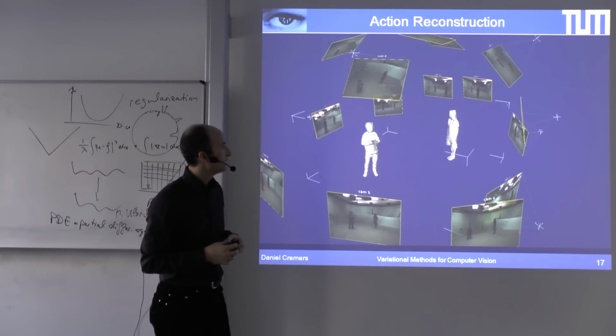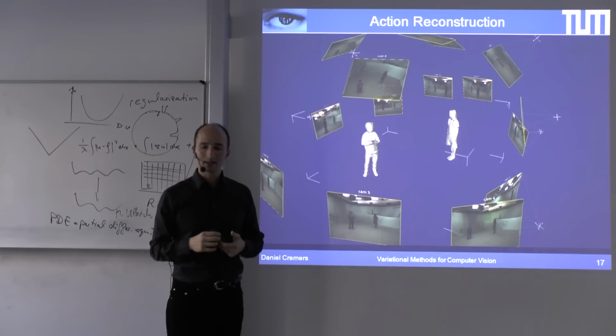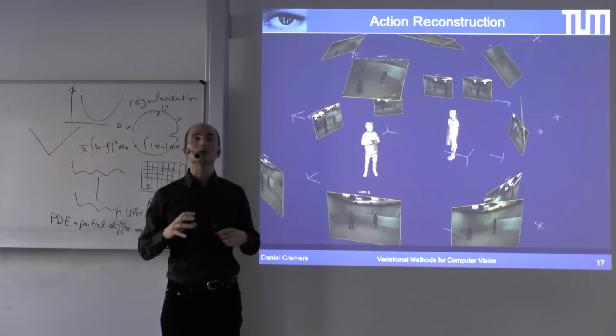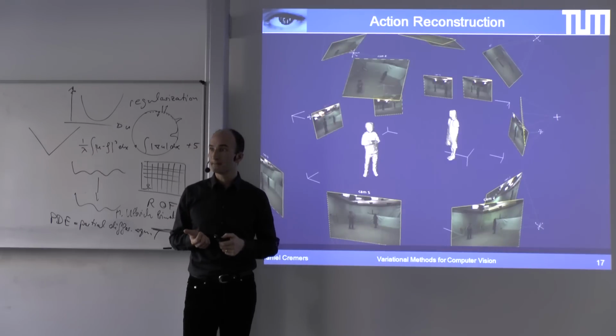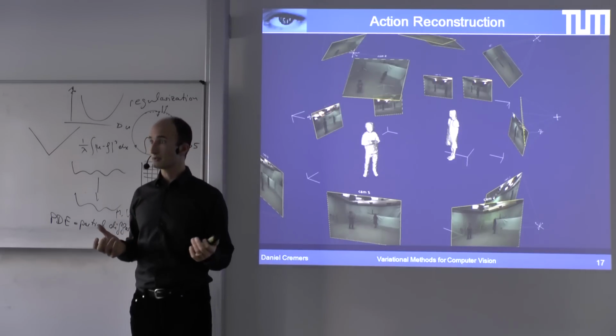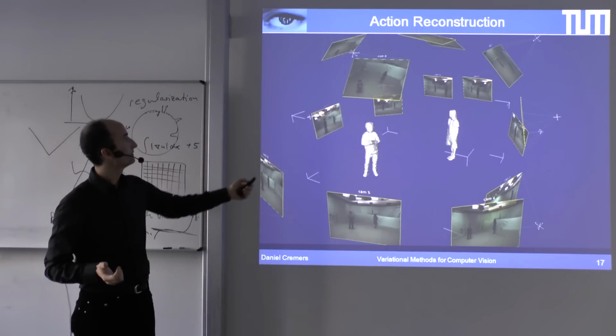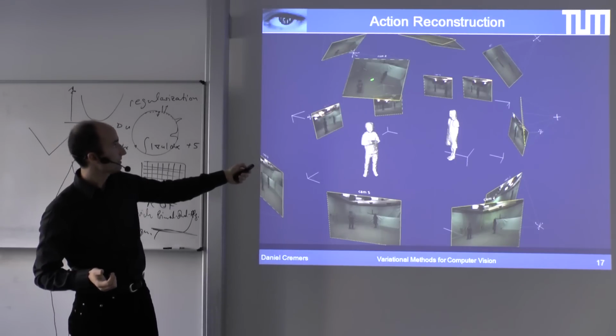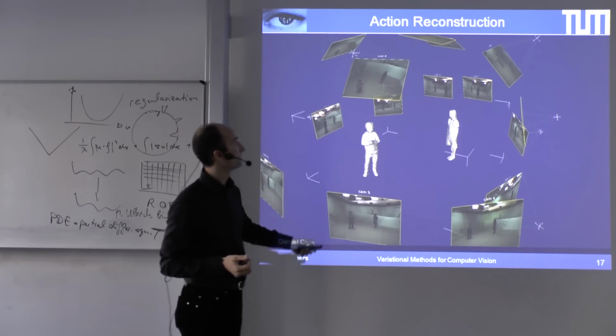But very important, one thing that is very hard to reproduce with laser scanners is to resolve 3D models over time, if you want to do action reconstruction. So here, for example, what we have is two actors in a green screen room.